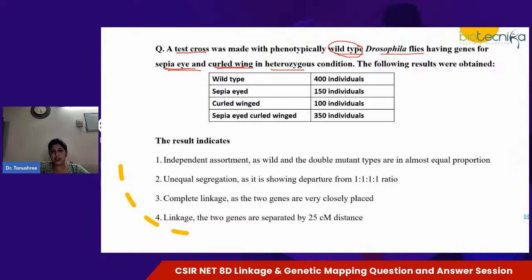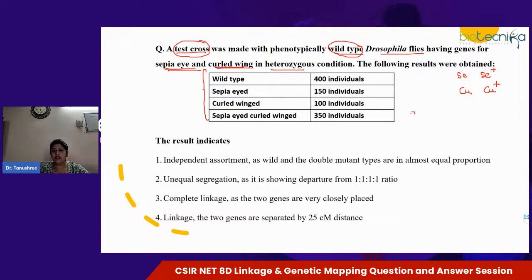So you have to consider alleles for it, and then perform the test cross. Test cross means you are crossing it with the homozygous recessive parent, and these results were obtained. If I'm considering this for sepia eyes, then this one is for wild type eyes. And if I'm considering this for curled wings, then wild type I'm writing like this.